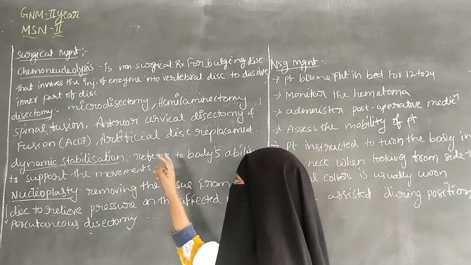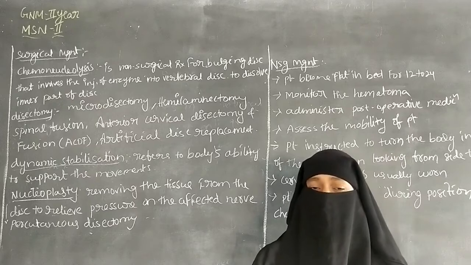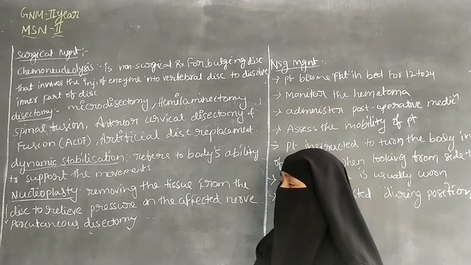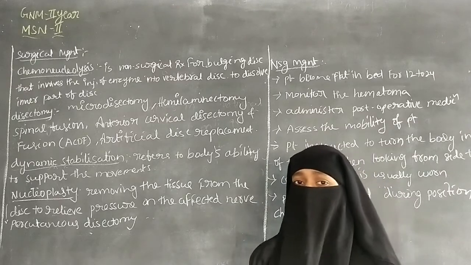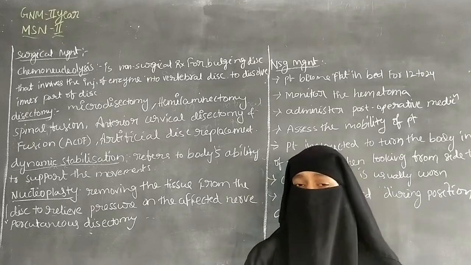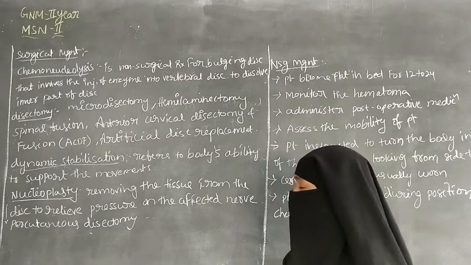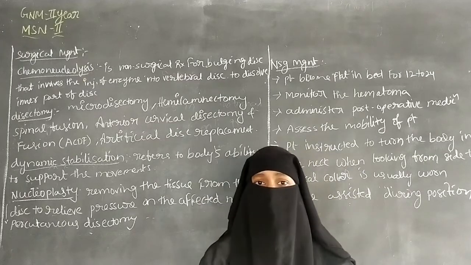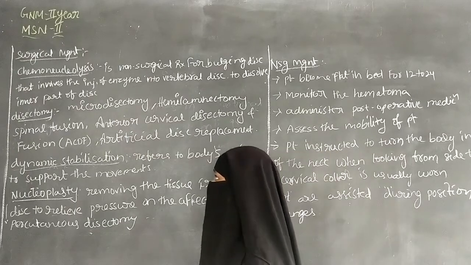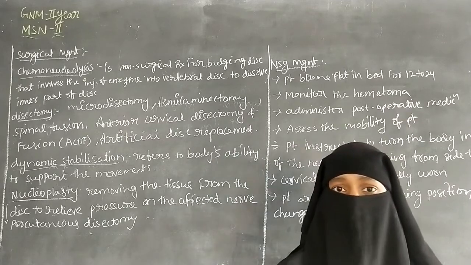And next one is artificial disc replacement. Artificial disc replacement means there is a removal of the herniated disc.